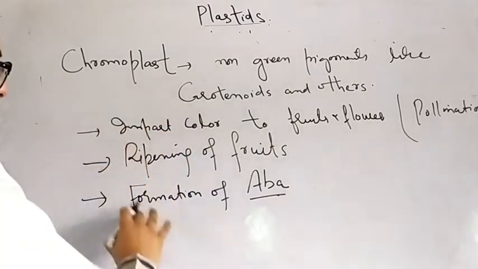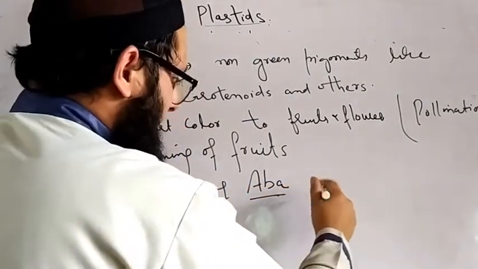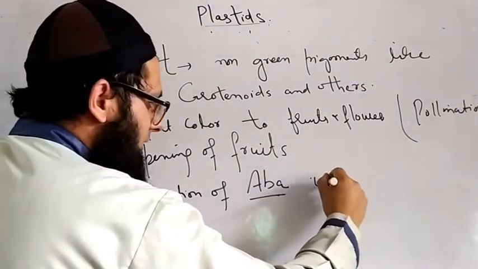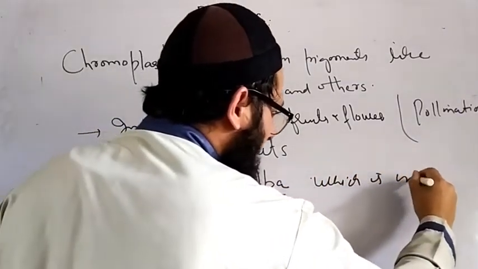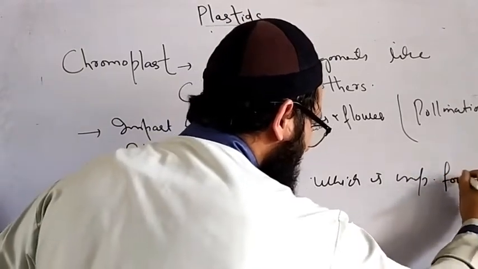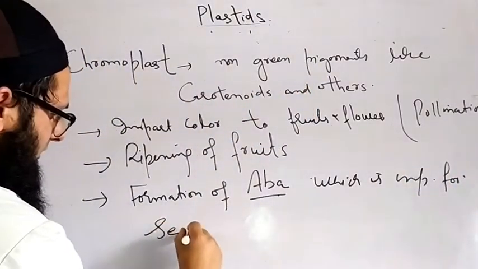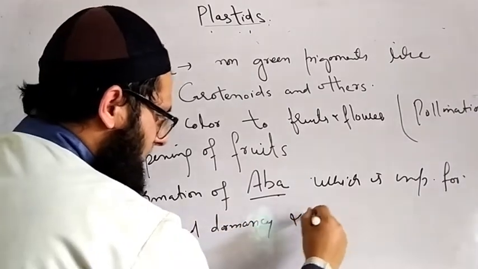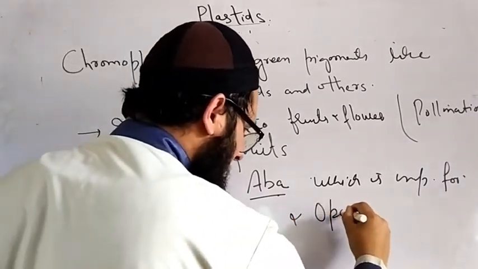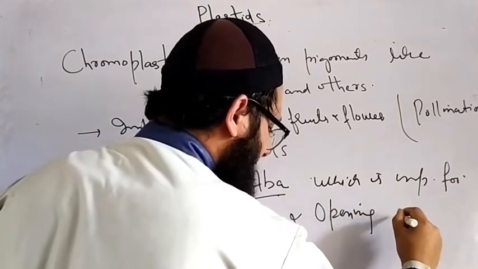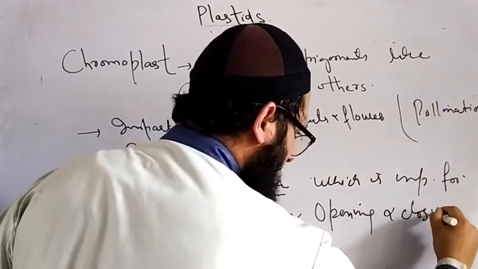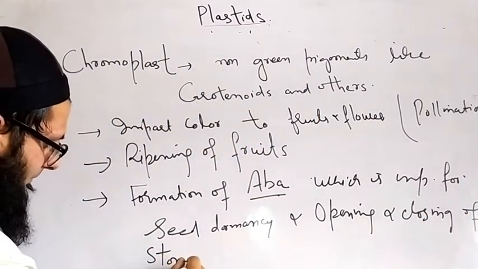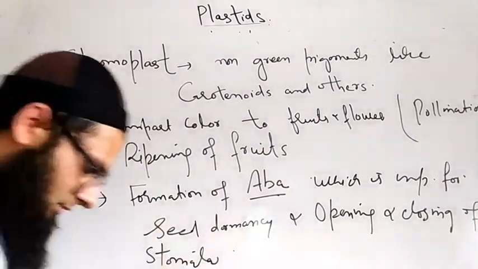So, the chromoplasts help in the formation of abscisic acid, okay, which is important for seed dormancy and opening and closing of stomata. Right.